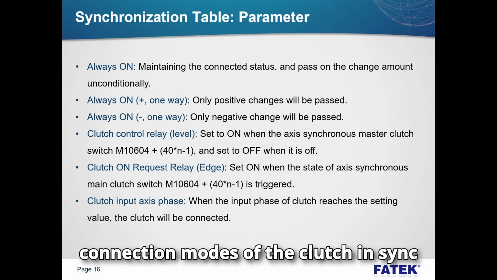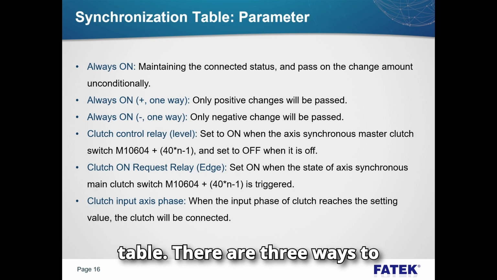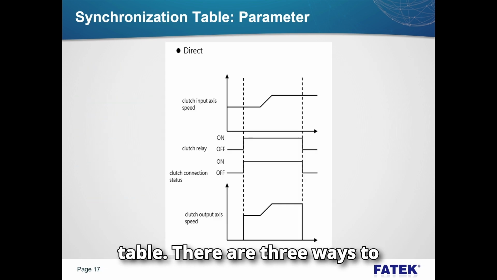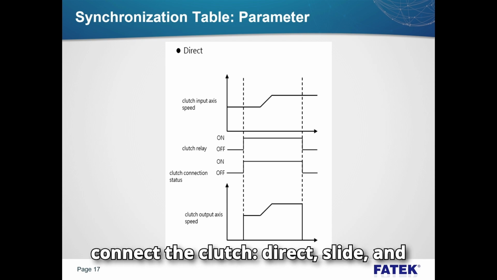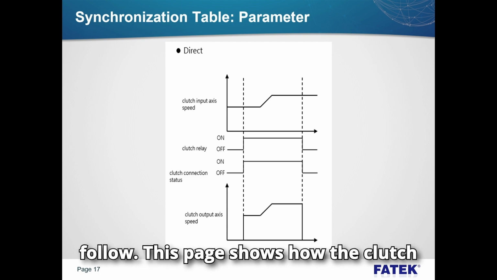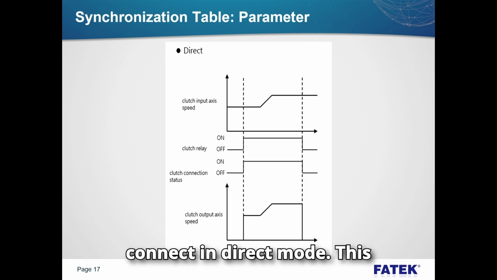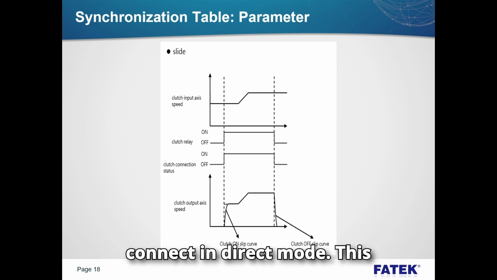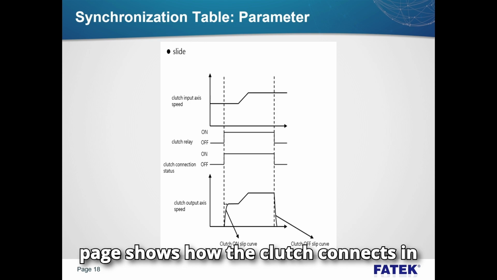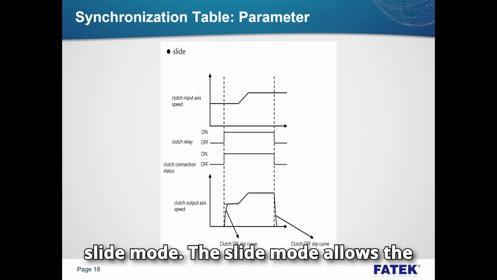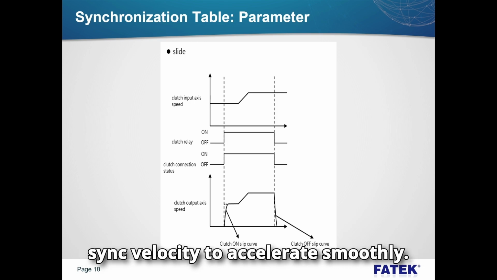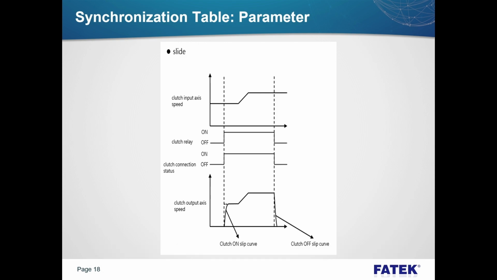Here are the connection modes of the clutch in sync table. There are 3 ways to connect the clutch: direct, slide, and follow. This page shows how the clutch connects in direct mode. This page shows how the clutch connects in slide mode. The slide mode allows the sync velocity to accelerate smoothly.